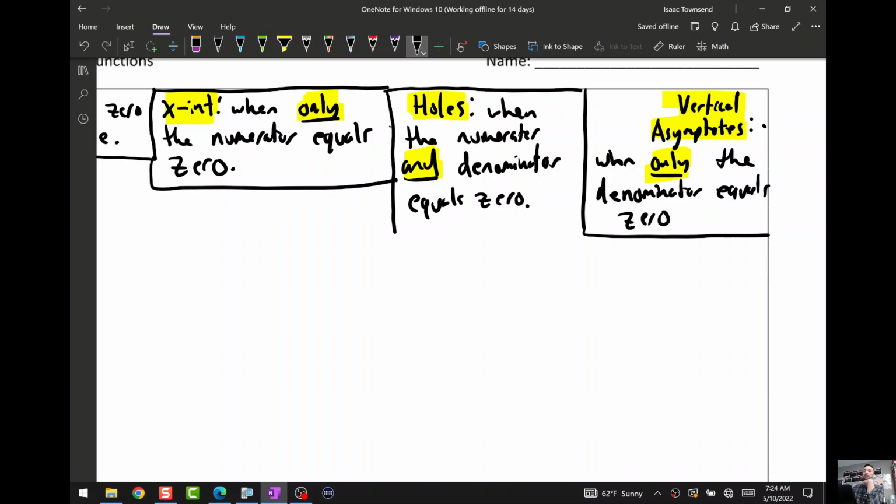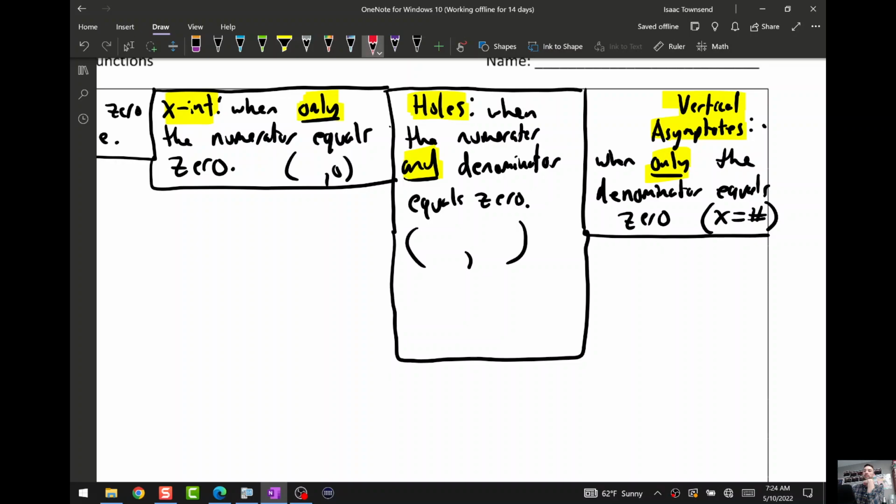Now, for holes, we need to add a little bit more here because, well, I guess for vertical asymptotes, we should probably say something like it's going to be x equals a number because it's a vertical line. That's how vertical asymptotes should be written. An x-intercept should be written as a point. And holes should be written as a point.